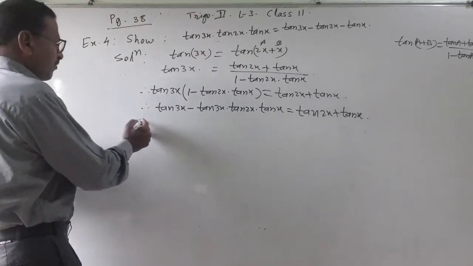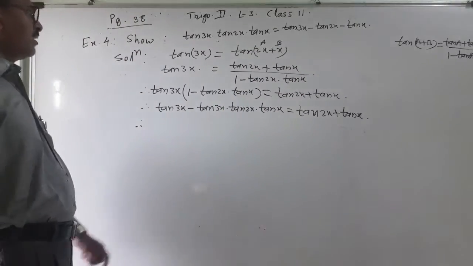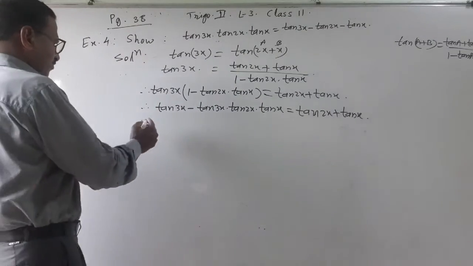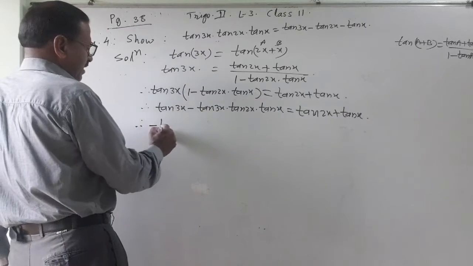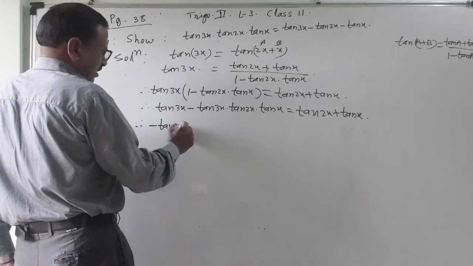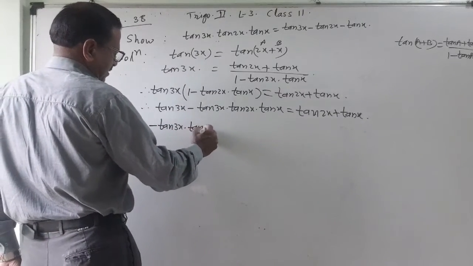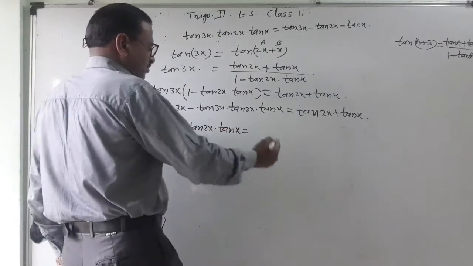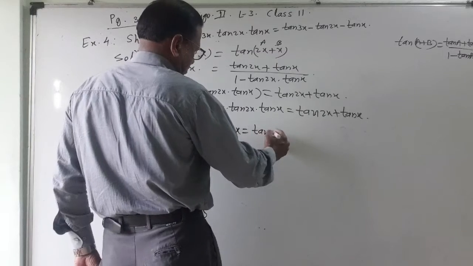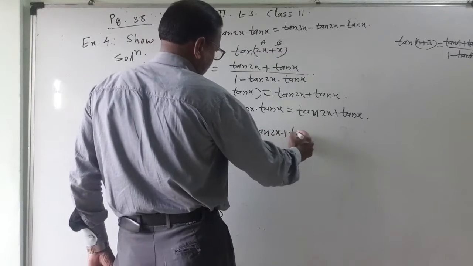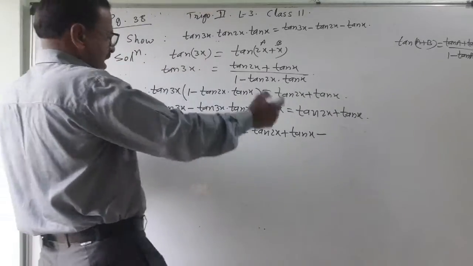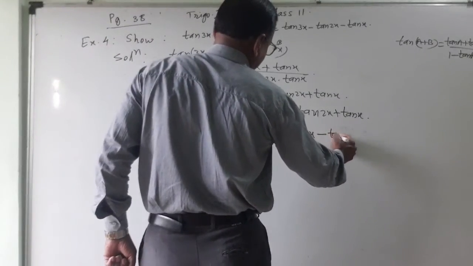Therefore this tan 3x I will take there. This minus tan of 3x into tan of 2x into tan of x is equal to tan of 2x plus tan of x. This plus will become minus tan of 3x.